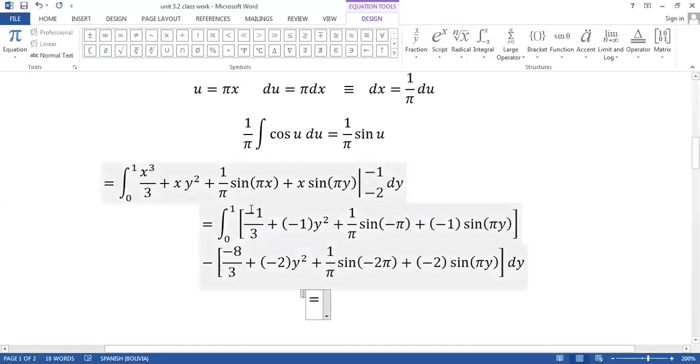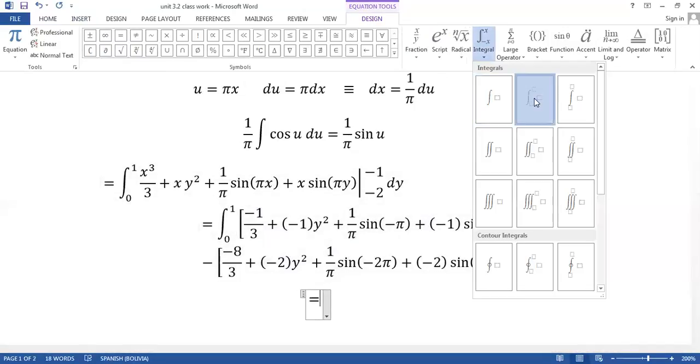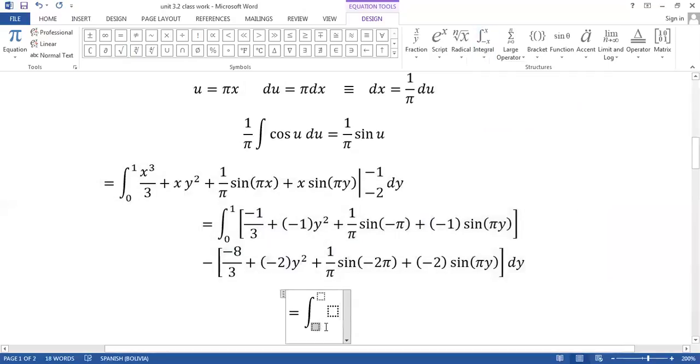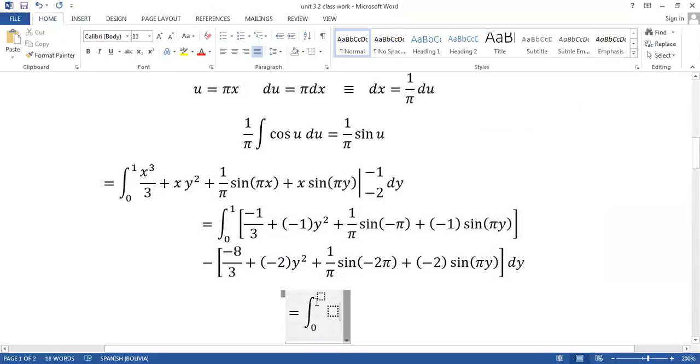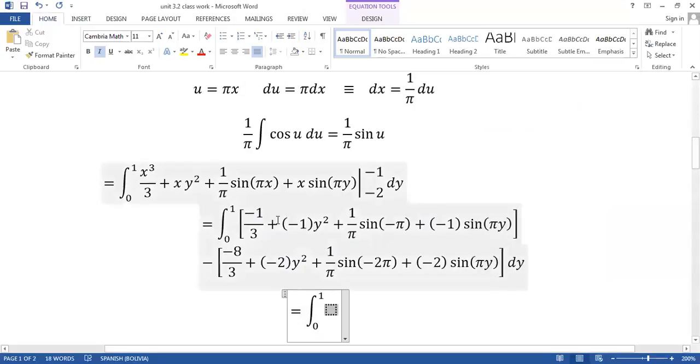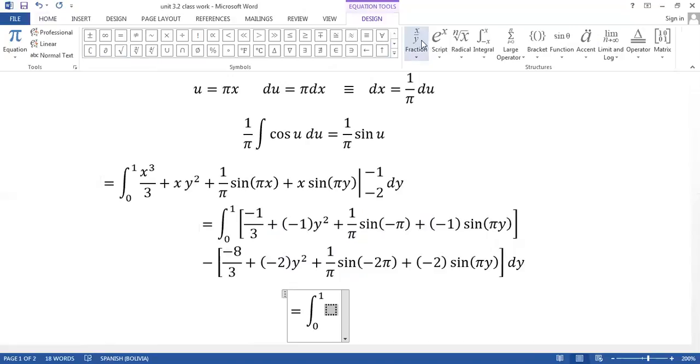It's all right, I'll just start a new equation. All right, equals. Let me put back what I need to put back here, which is 0, 1. Why not 1? What's happening here? Okay, all right, so let's work this out. This is negative 1/3 plus minus y squared. Negative first.